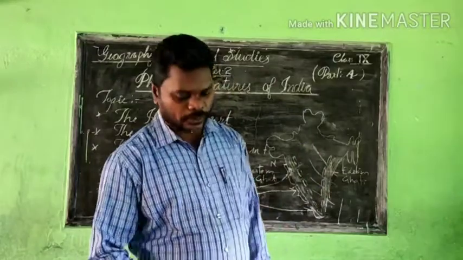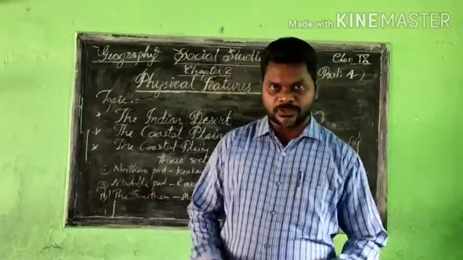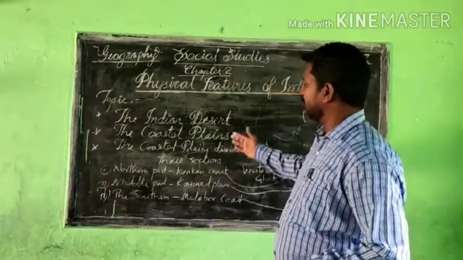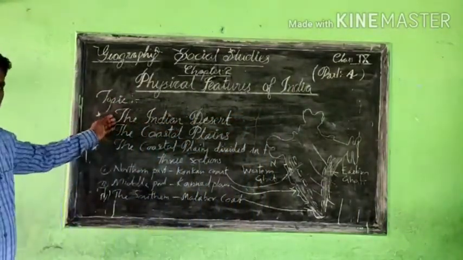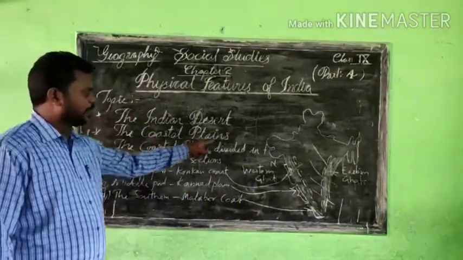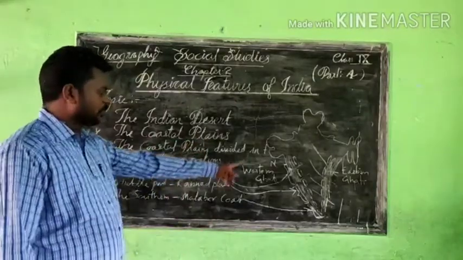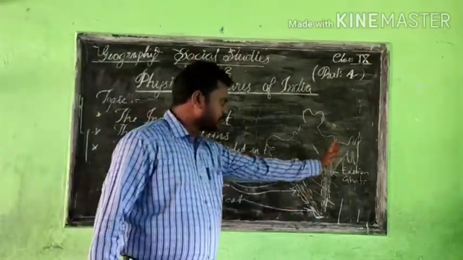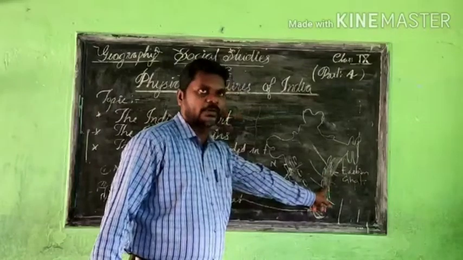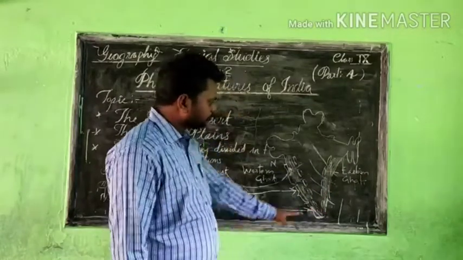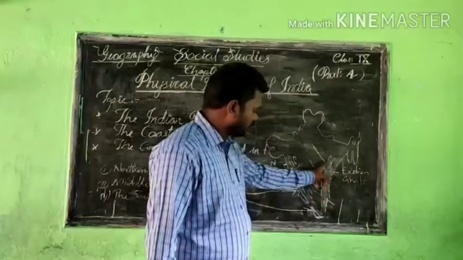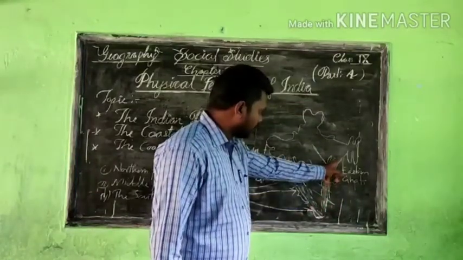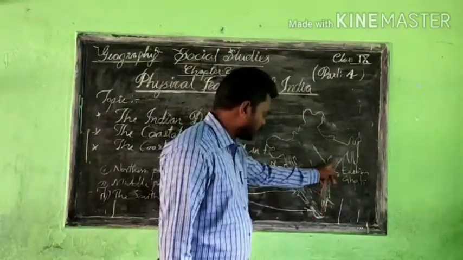So I hope you understand today's class. We mainly dealt with the Indian resort, and I also explained the features of the resort, and also the coastal plains. Between the Bay of Bengal and the Eastern Ghats is the coastal plain.